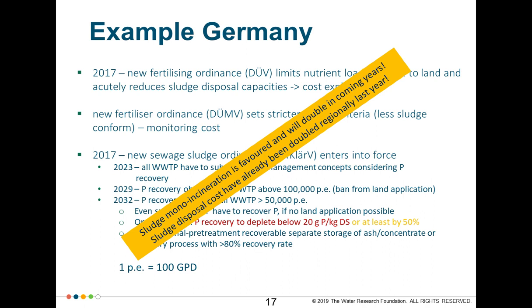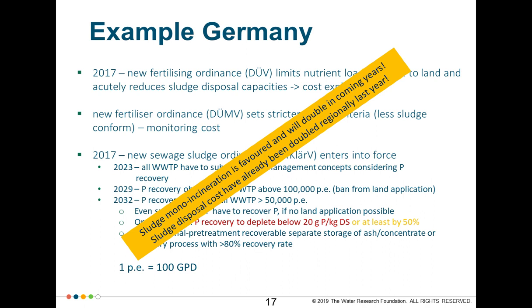Then you have new fertilizer regulations, not only in Germany; the European one is currently under revision and probably enters into force later this year with a transition phase of 3 years. So by 2022, there are probably also new standards from the European side.